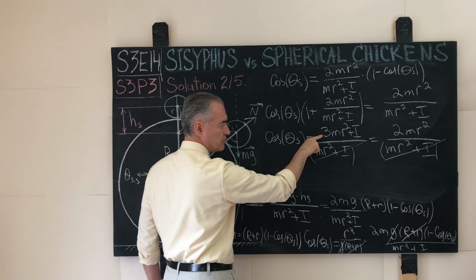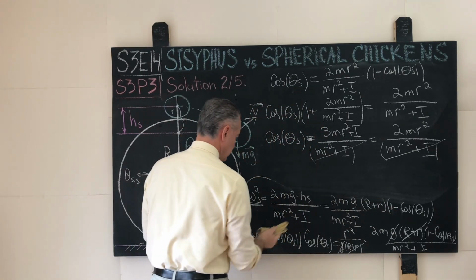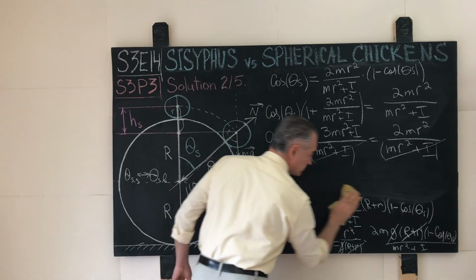We bring the numerator on the left-hand side into the denominator on the right-hand side, and voila. Let me erase this.